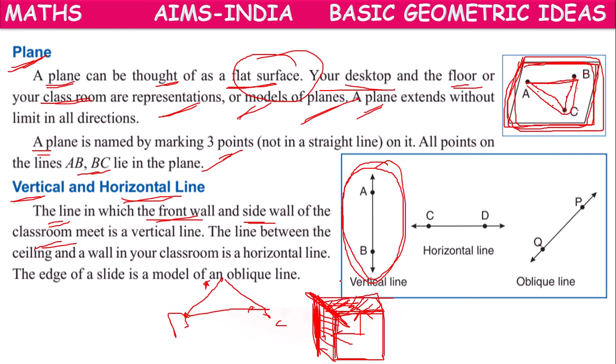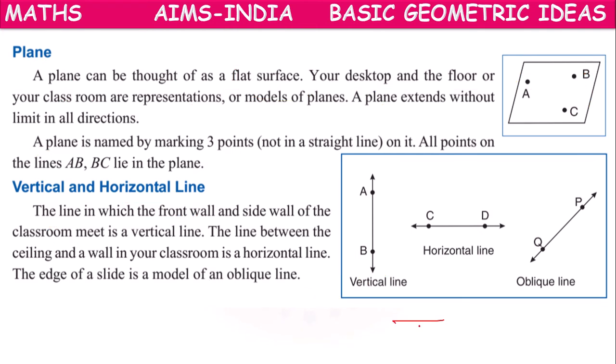Next, the line. Just a minute. If the room is like this, suppose this is the front portion and this is the side portion. The line joining the front portion and side portion is considered a vertical line.